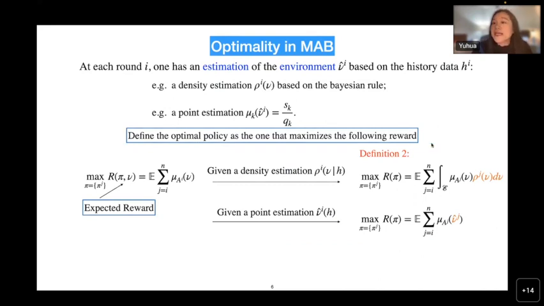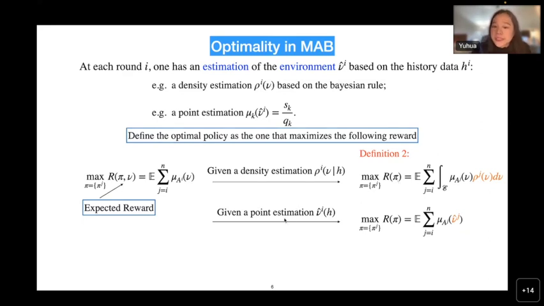Here is the second definition. As we just talked about in the previous slides, the definition of expected reward is not well defined because we do not know the environment mu. But based on the density estimation of this environment mu, at each round i we can integrate out the unknown environment with respect to this density estimation. Then our expected reward is independent of the environment.